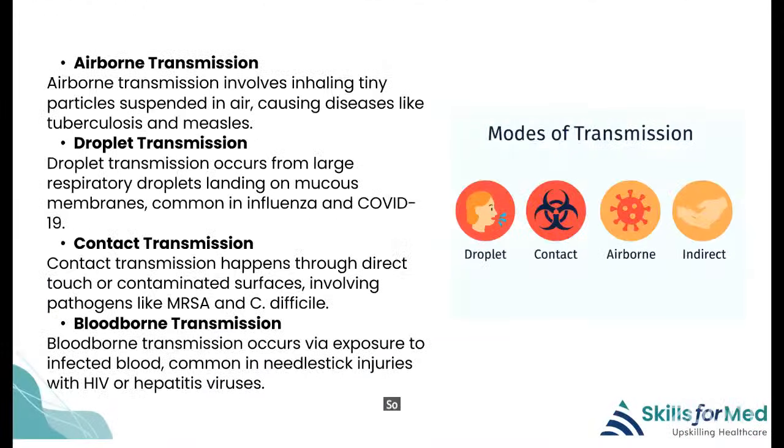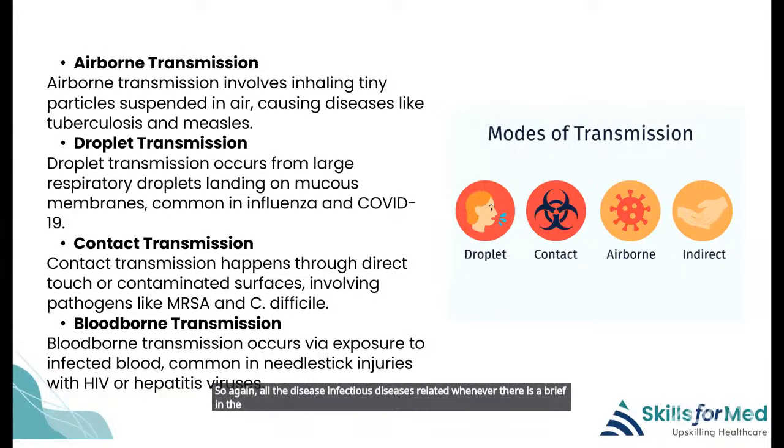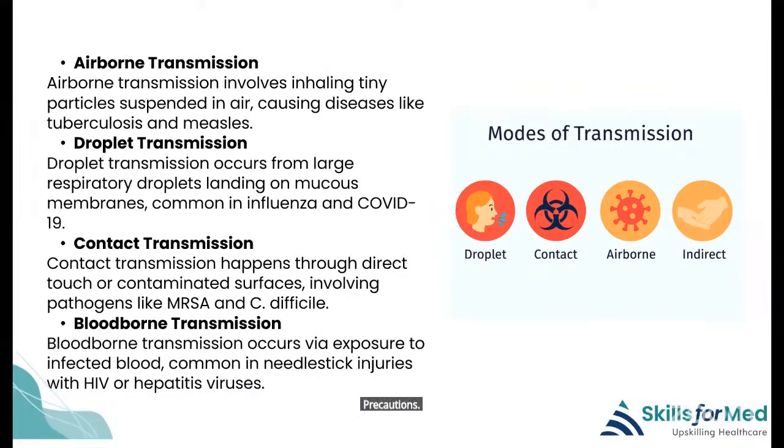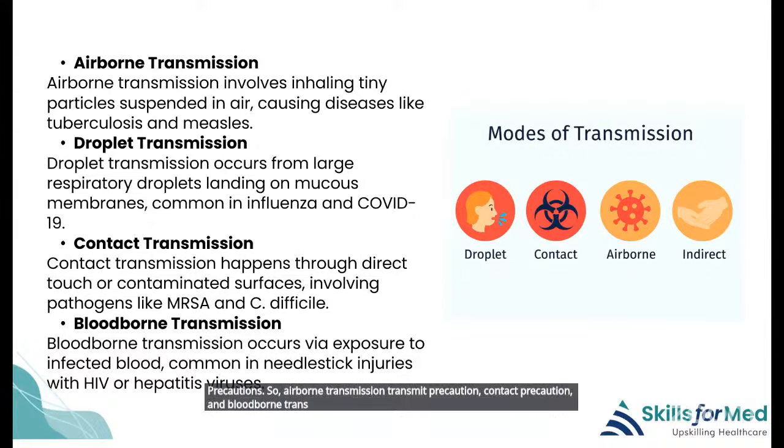Again, all infectious disease is related to a breach in the protocol. A breach in the protocol means you have not followed your hand hygiene, the contact precaution, the droplet precaution, or the respiratory precautions. So airborne transmission, droplet precaution, contact precaution, and bloodborne transmissions.